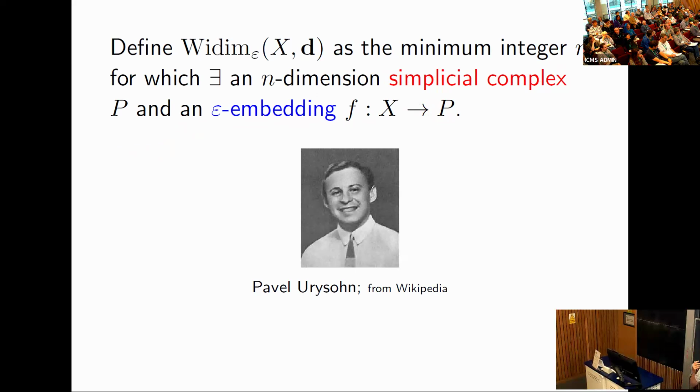We try to approximate such fractal spaces by some combinatorial objects, simplicial complexes, and the error of the approximation is bounded by epsilon. And we ask how many parameters we need in this approximation. This is the idea of epsilon width dimension. Essentially, this definition is due to Rizzo in the early 20th century.